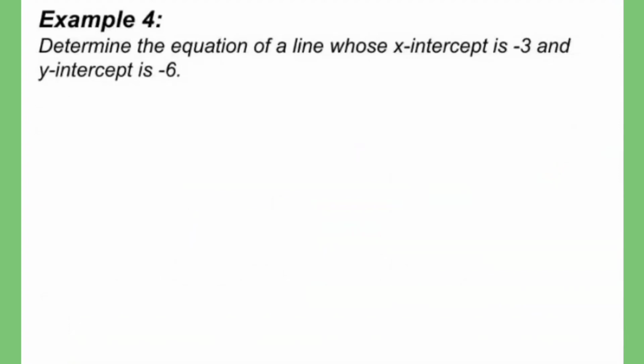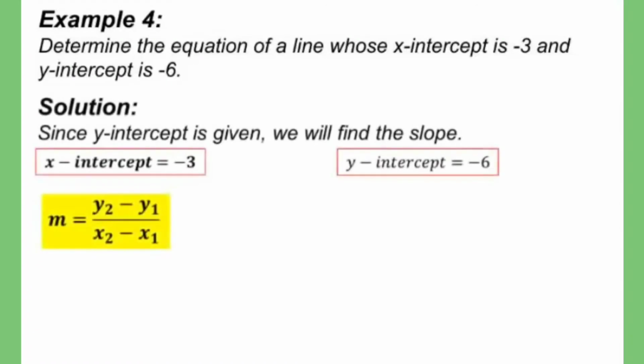Determine the equation of a line whose x-intercept is negative 3 and y-intercept is negative 6. Sa ating given, meron na tayong y-intercept. So, ang kailangan na lang natin ay isolve ang ating slope. Para ma-solve natin ang ating slope, gagamitin natin yung given na x-intercept at saka yung y-intercept.